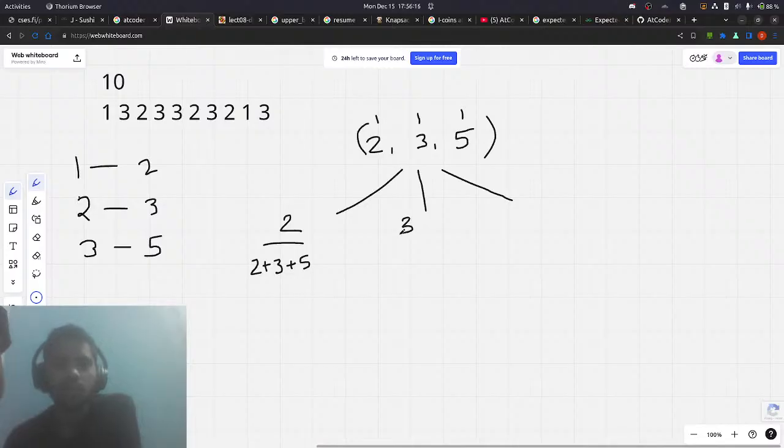Similarly for this, it is 3 divided by 2 plus 3 plus 5. Okay, for this also it is 5 divided by 2 plus 3 plus 5.